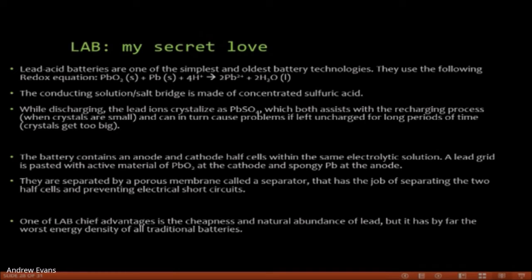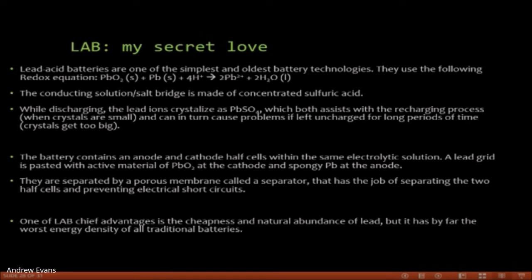Now, there's some issues with lead acid batteries in that while discharging, you produce lead sulfate. It's convenient because this helps keep the active material where it needs to be. So when you recharge it, you can put it right back where it belongs. So there is a problem.